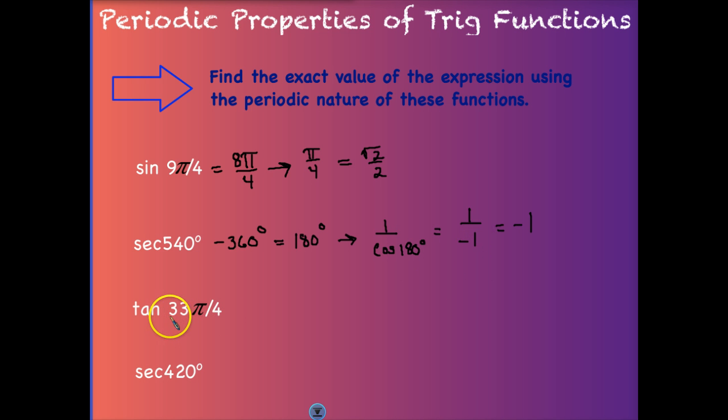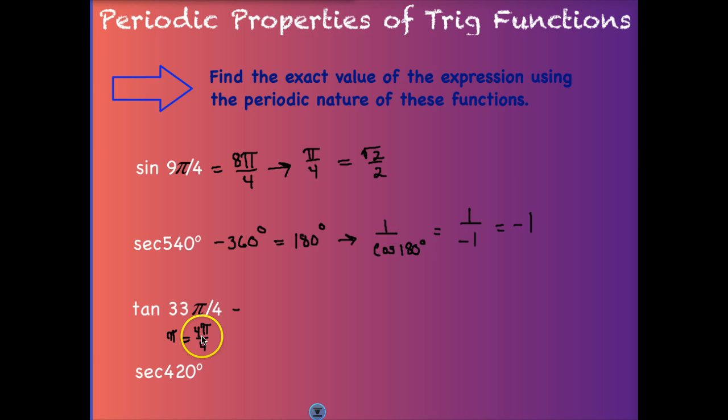Let's go to the tangent. So what is the period of tangent? Remember that the period is just pi here. So we need to pull out intervals of pi. In this example, because our denominator is 4, an interval of pi would be 4 pi over 4, because that is equal to pi. Based on this period then, 4 goes into 33 approximately 8 times with a little bit left over.